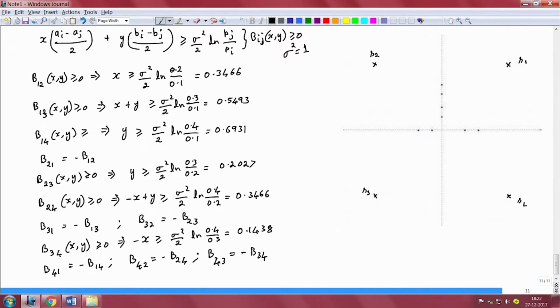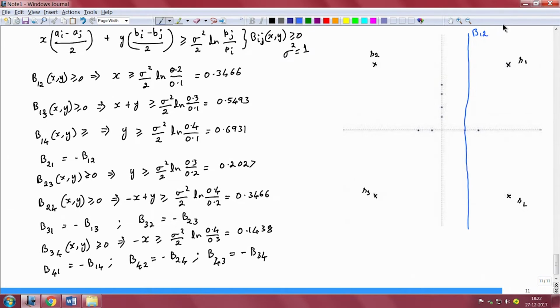So, let us plot these boundaries one by one individually. I will use a different color. Let us look at b 1 2. So, b 1 2 is x greater than or equal to 0.3466. So, the boundary looks like this, b 1 2.